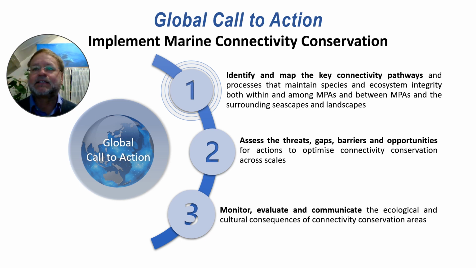We must assess the threats, barriers and opportunities to optimise effective connectivity conservation, and we must monitor and evaluate for adaptive management in a dynamic world. And of course, we must continue to reveal and communicate the ecological and cultural consequences of connectivity for all.